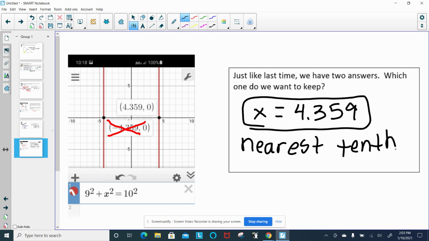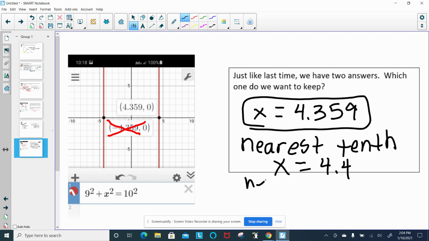that would be 1 decimal place. And you would say x is 4.4. Why? Because this 5 is big, so it's going to make the 3 round up to a 4.